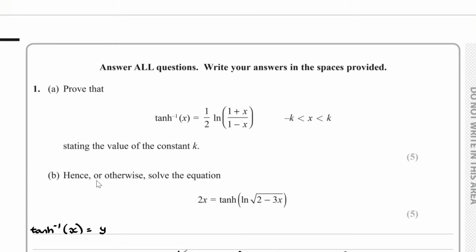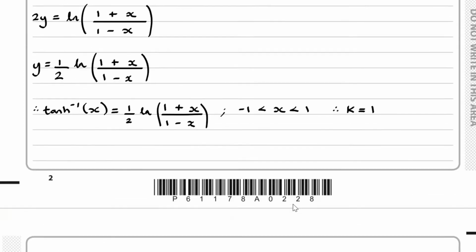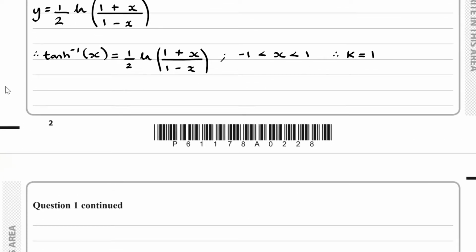Now for part B, hence or otherwise, we have to solve the equation 2x equals the hyperbolic tangent of the natural log of the square root of 2 minus 3x. So to do this question, part B, we have 2x equals the hyperbolic tangent of the natural log of 2 minus 3x square rooted.